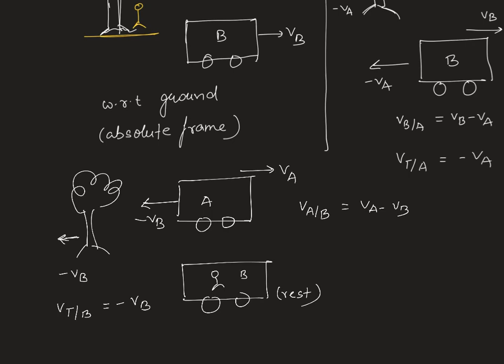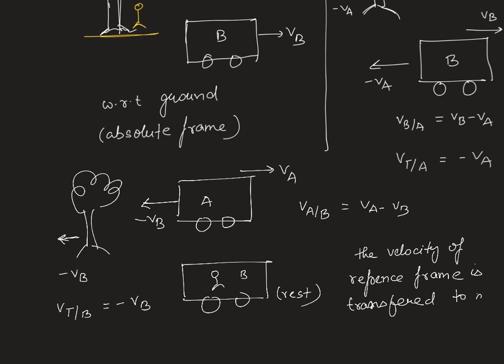So what is happening here? We can say in very simple words, the velocity of reference frame is transferred to all other objects in reverse direction.